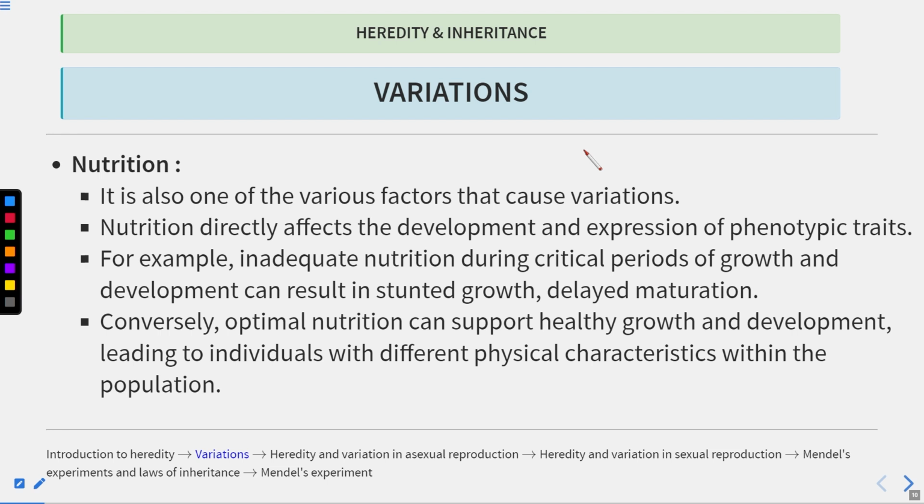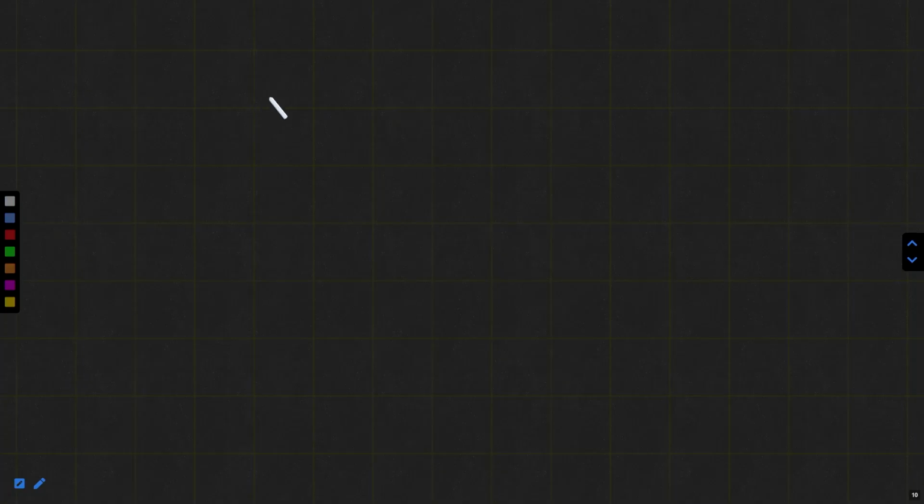So one example can be forest habitat. In forest habitat, what is happening? There are a lot of challenges. There is competition for nutrition, competition for air as well. So in the forest habitat, there is a lot of competition, a lot of challenges.